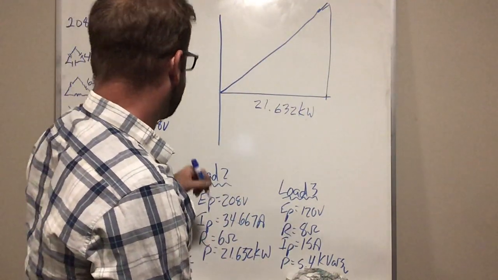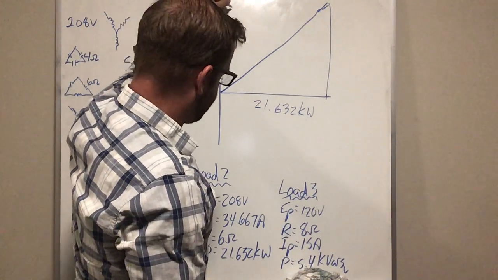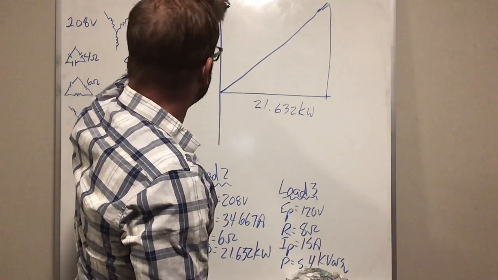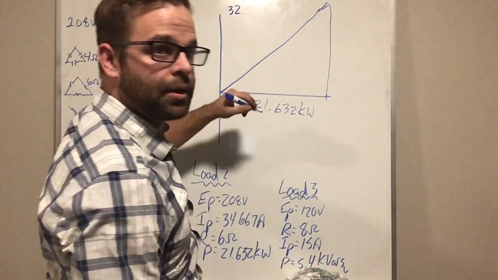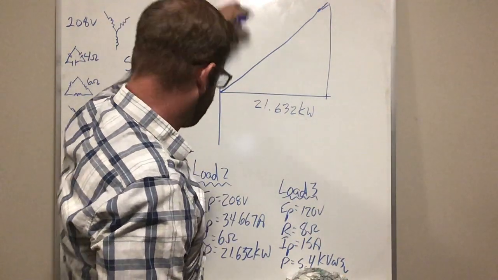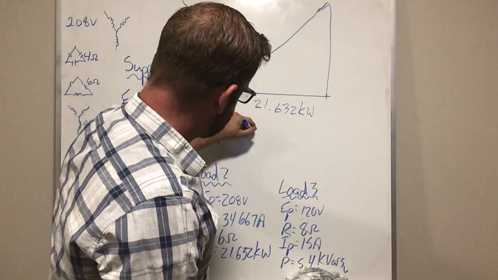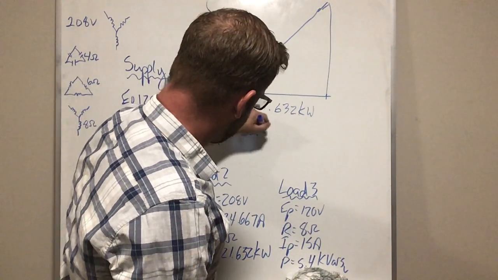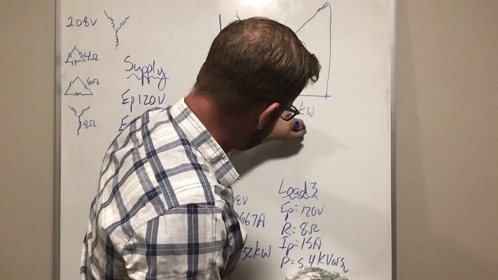And to calculate that out, we get our net reactive power, which would be 32.448 kVars.